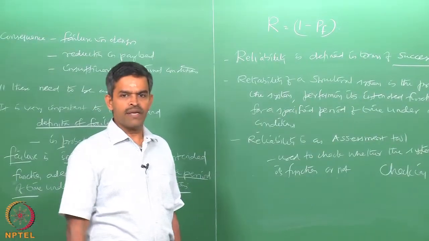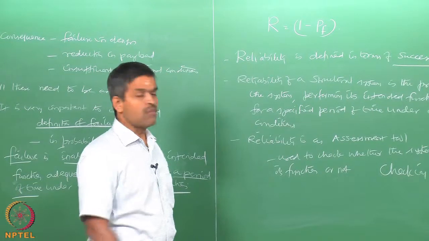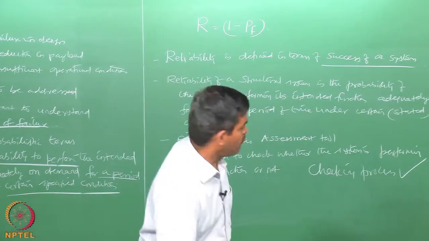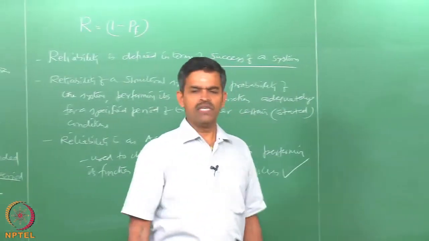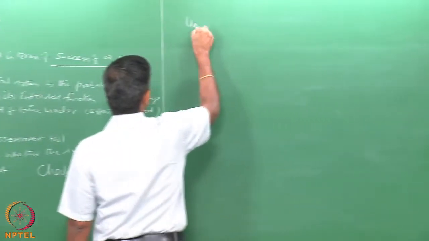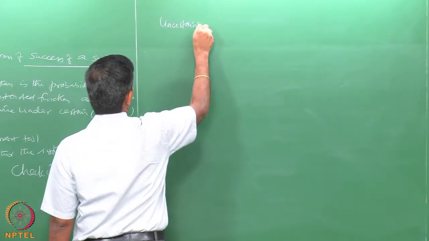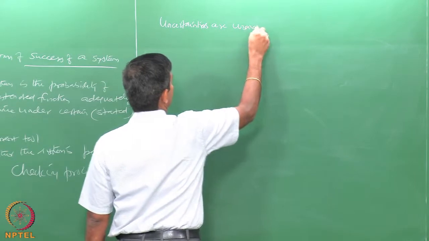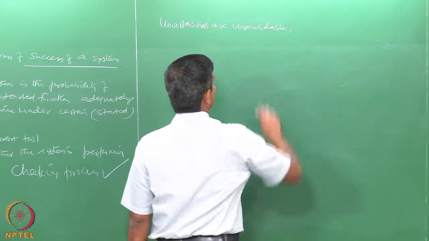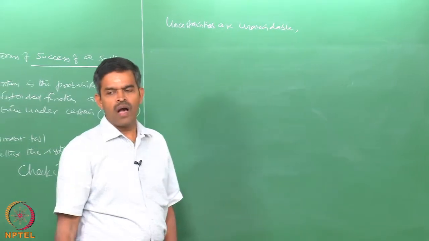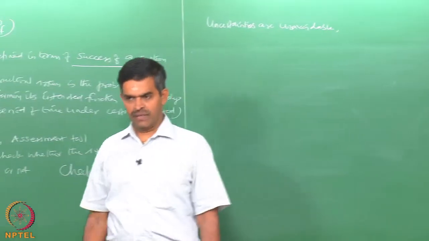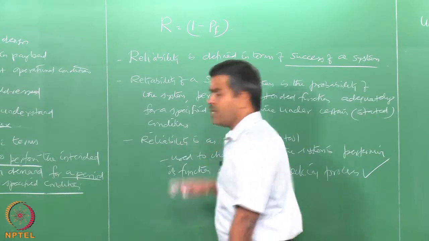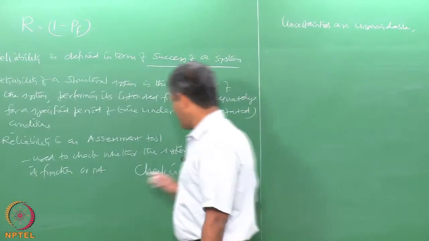So, when you deal with the design, uncertainties are unavoidable, as we understand from the previous lecture of the first module. Now, when we re-insist that uncertainties are unavoidable, then how can you say with guarantee that reliability is going to assess the safety of the system?